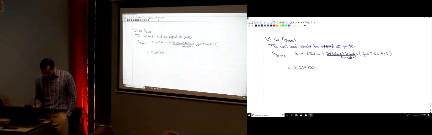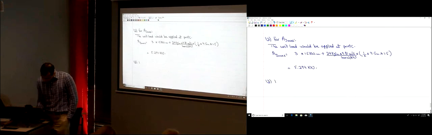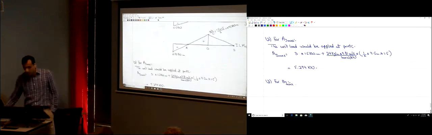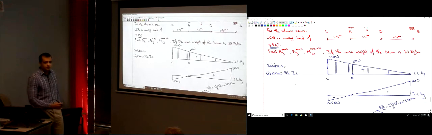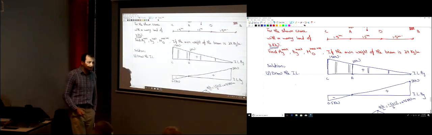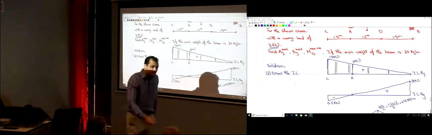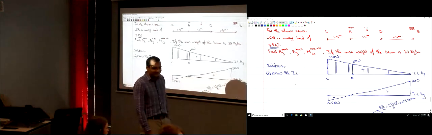And then for BY max, the maximum BY, where would you put the unit load so that BY is maximized? Just raise your voice. Where?